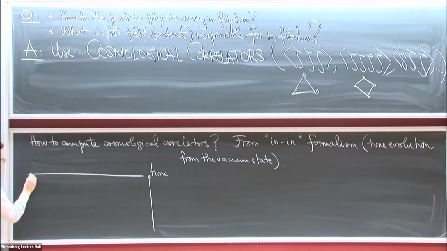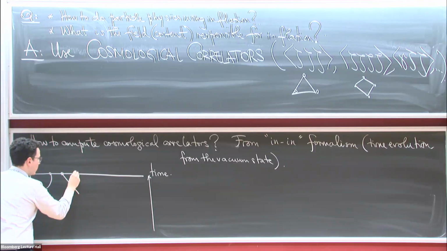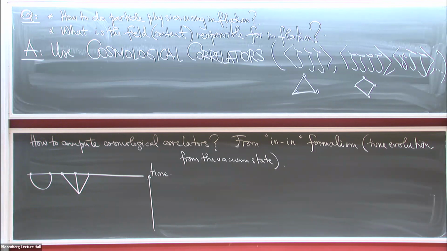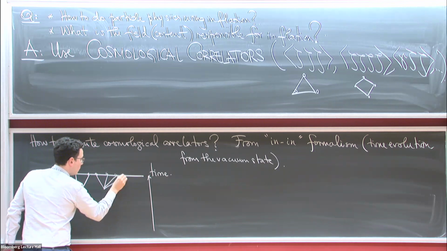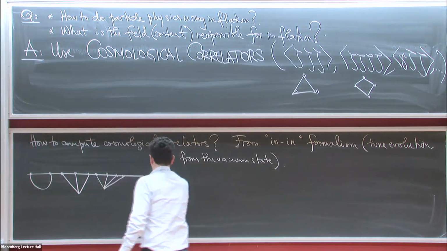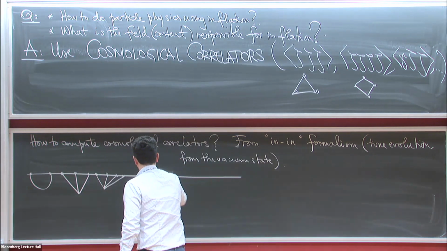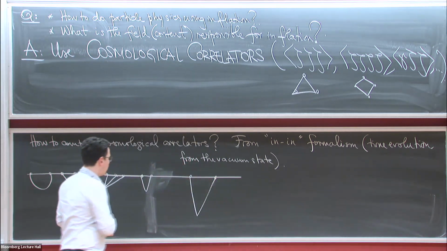I just described this 2-point function of density perturbations, and you could imagine computing a 3-point function that comes from a self-interaction of this curvature perturbation, or a 4-point function, something a little bit more sophisticated, something that comes from the exchange of a new state.